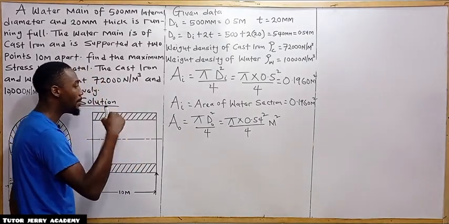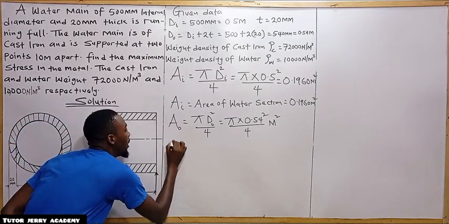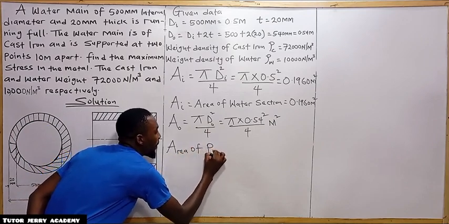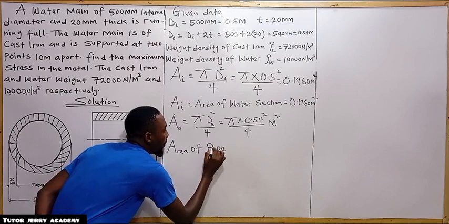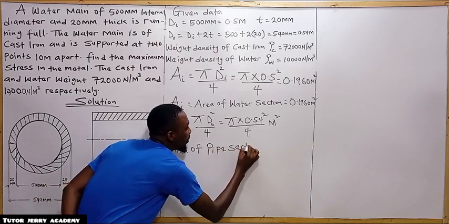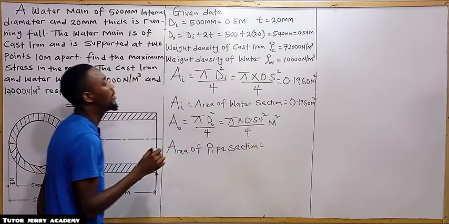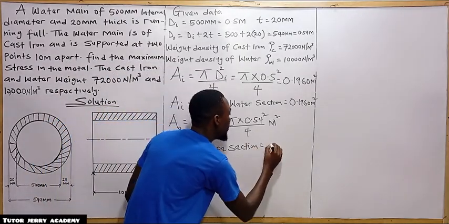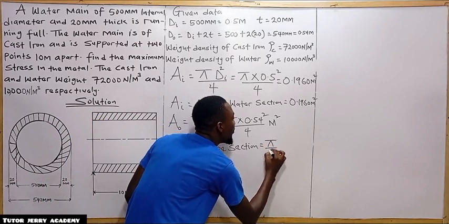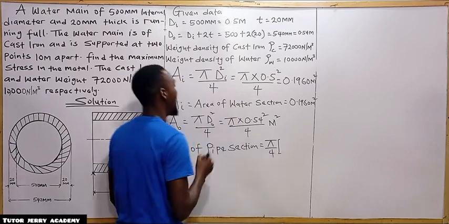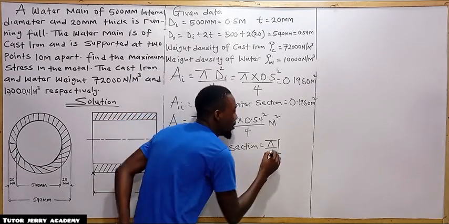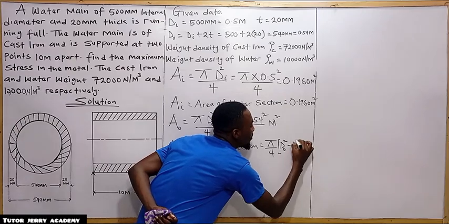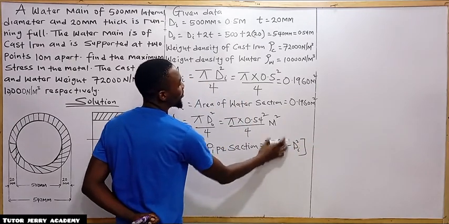So the area of the pipe section itself will be, now since it is hollow, pi all over 4 into d naught squared minus di squared. That is outer diameter squared minus internal diameter squared.